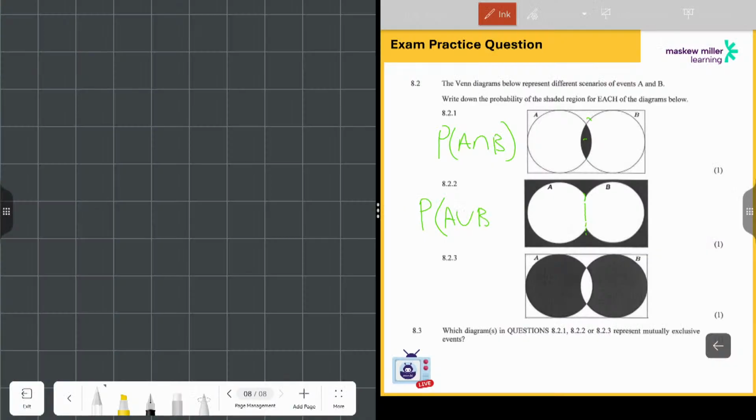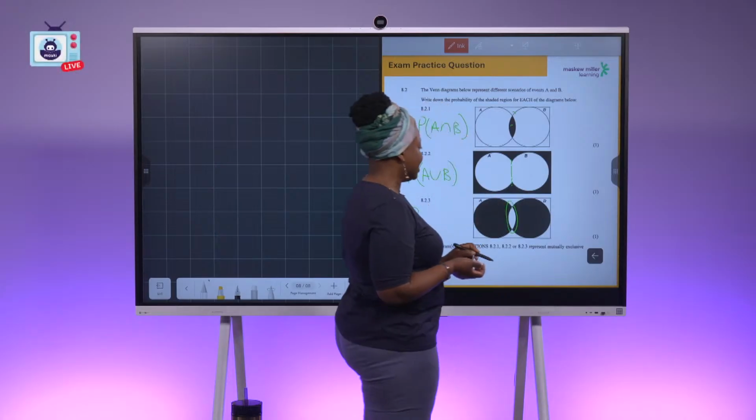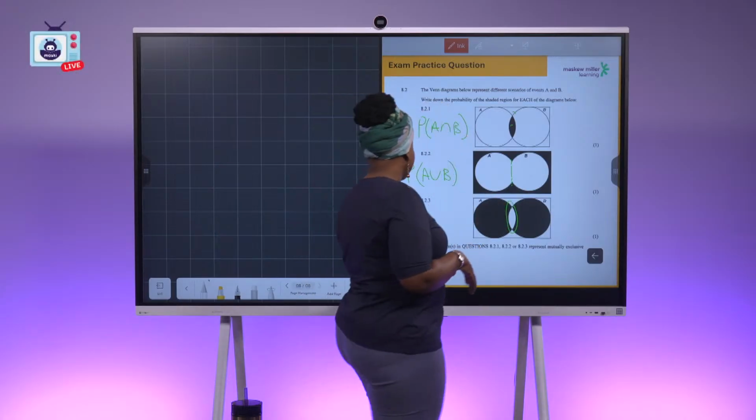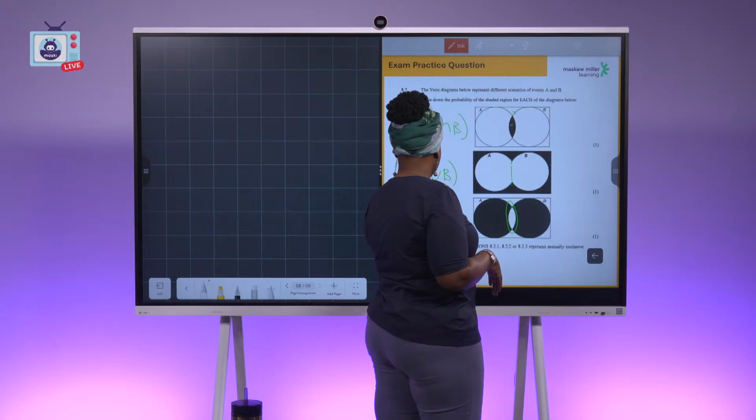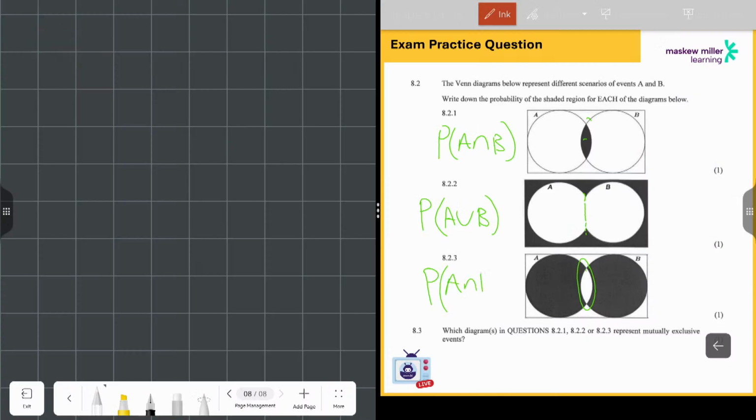So it doesn't have the intersection there, so you cannot put the intersection at that point, right? The third one is the probability. Also, you can see that the shaded part does not include the intersection there. So it does show that this is not the intersection. So you can write it like that, and then you just put it's not like that.